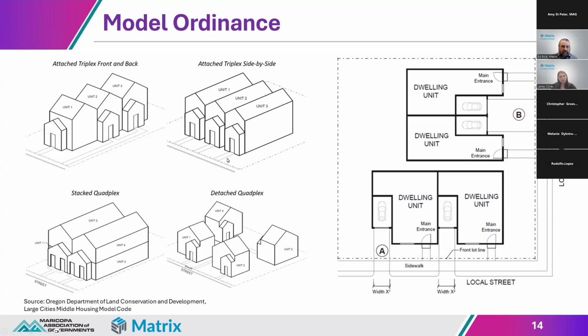But these solutions that you see on the slide, be it detached quadplexes or those attached units, are present in the Valley right now and have been utilized, usually through planned area developments or some other customized zoning solution, to accommodate those unique housing types.